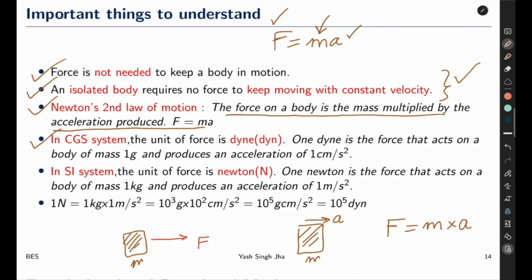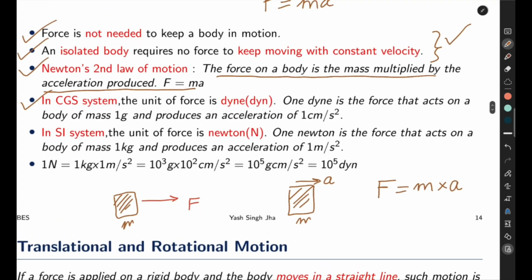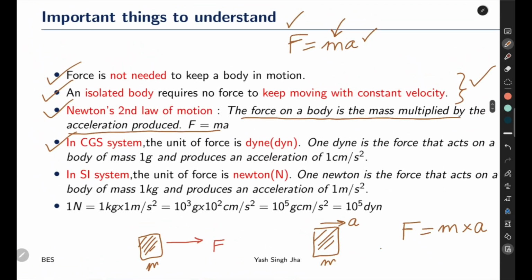Let me write it down again. 1 dyne is a force which when acted on a mass of 1 gram produces an acceleration of 1 centimeter per second square.